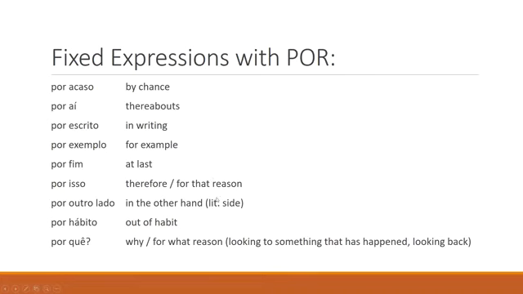Por outro lado, on the other hand, we say on the other hand, lado here they've got side. Por hábito, out of habit. Por quê? Why? For what reason? Looking back at something that's happened, and therefore it results in something.